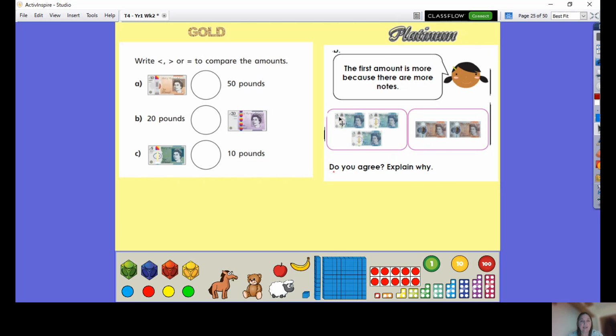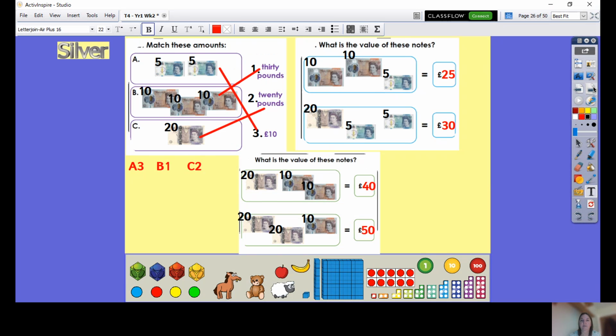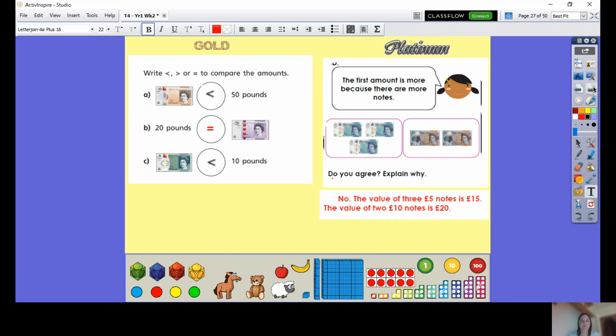Just in case you can't see that, these are all £5s, and these are £10. So that's 10, this is 10, and as I say, these are all £5. Again, you might want to pause here, go back to the silver, and then I'm going to move on so that you can see the answers. Okay, and I'm sure everybody got on really well with that. Well done.